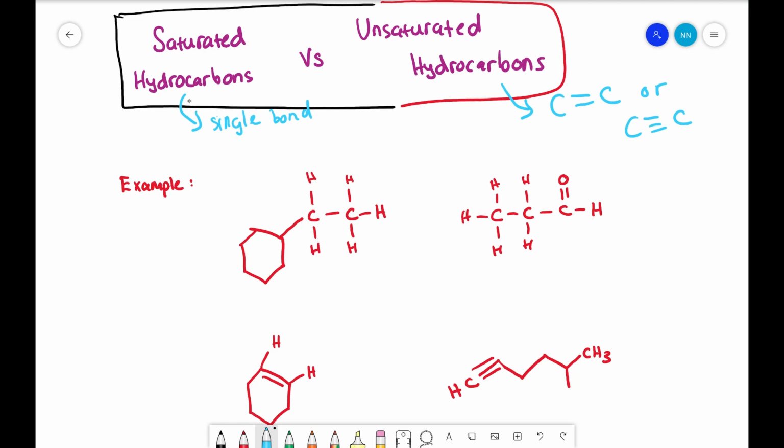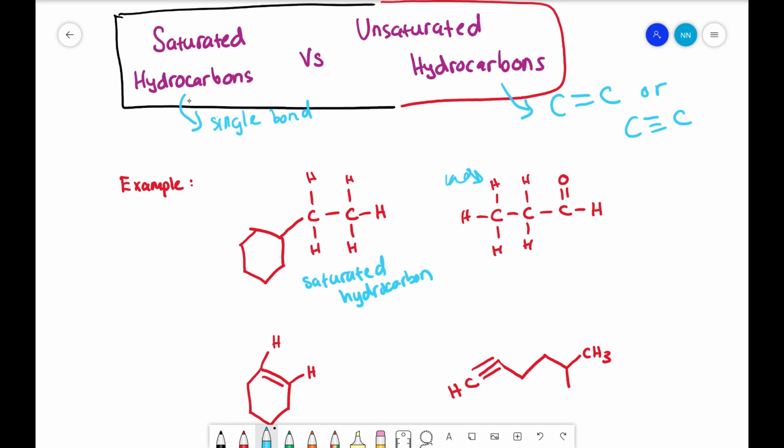If you look at this structure, you can see that it's all single bond. There's no double bond. So this molecule is known as a saturated hydrocarbon. Next, we'll move on to this molecule structure here. As you can see, there's carbon and hydrogen, and then suddenly you have an oxygen double bonded to a carbon.